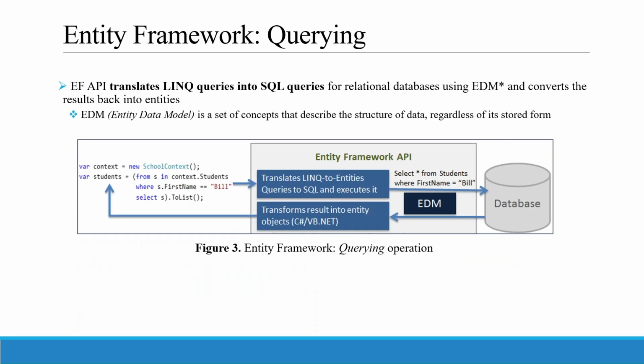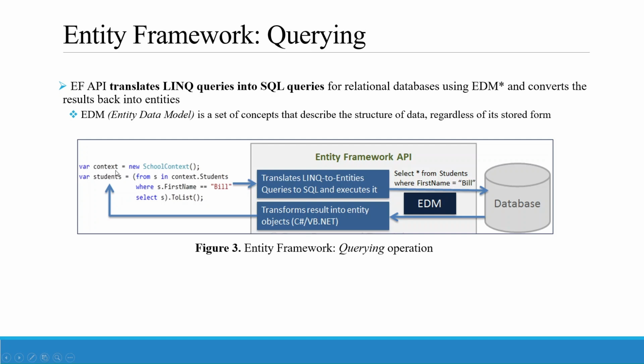Now, let's see the querying operation. We said before that Entity Framework and the API translate C# LINQ queries into SQL queries and convert the results back into C# entities. Let's check Figure 3.